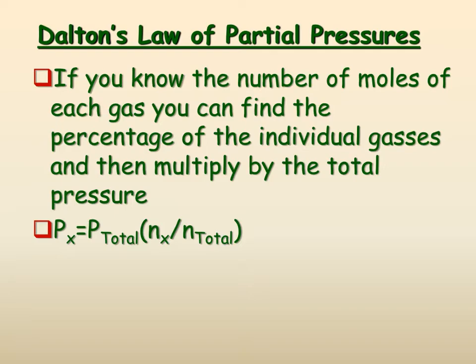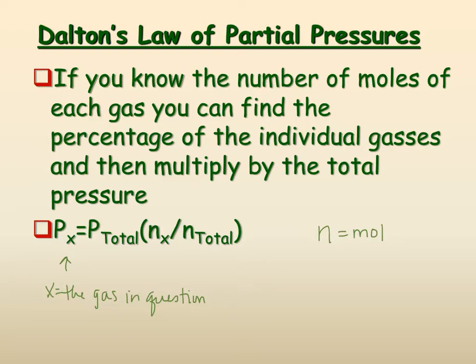So what that looks like is your P of X. X is the gas in question, what you want to find out. P total is still your total pressure. The lowercase n stands for moles.